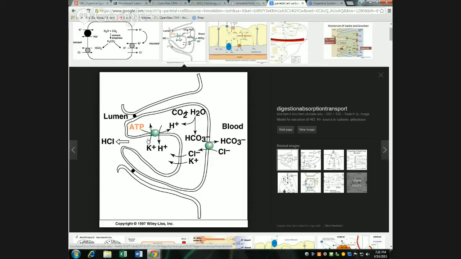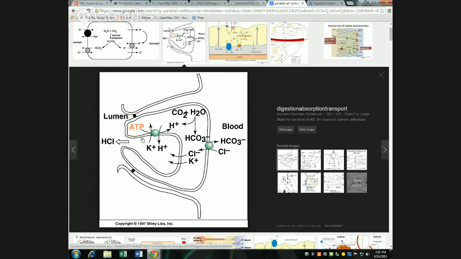Now, if I were depicting the same thing, I'd add to this that there's a potassium leak channel in the membrane here. So the potassium gets pumped in and then it just leaks right back out. So the potassium isn't really necessary to what's going on in the cell. It's just that the pump has to have potassium so that hydrogen gets pumped out.